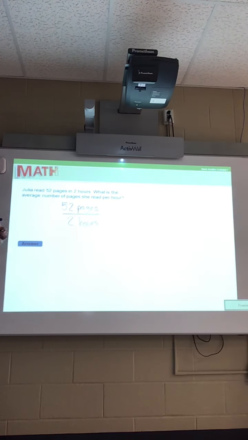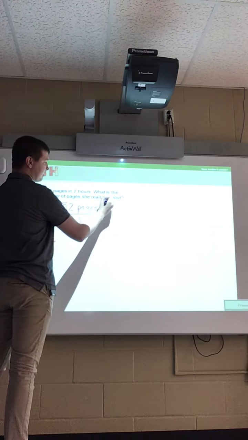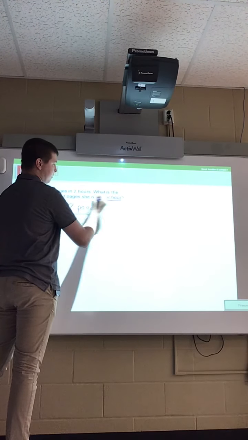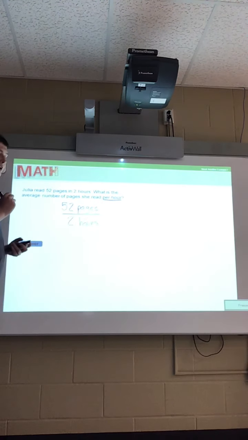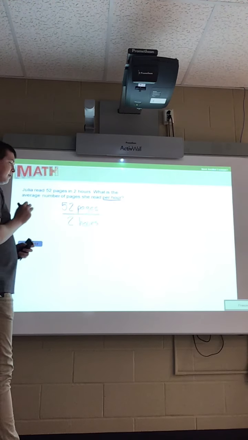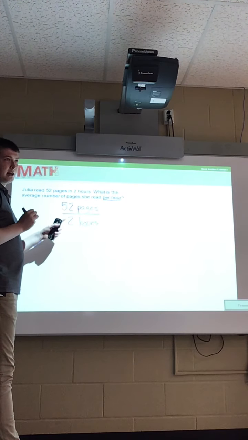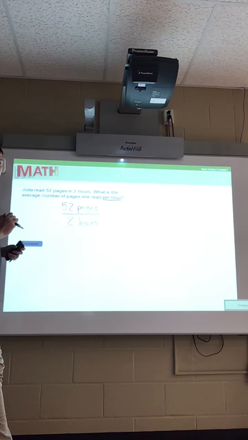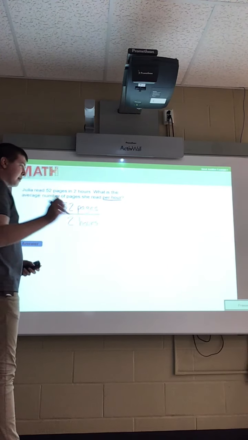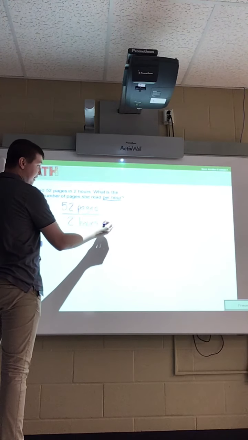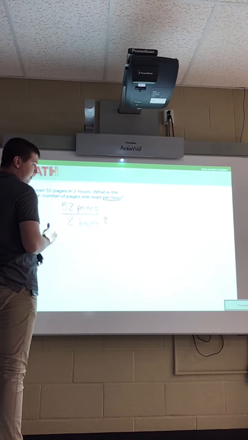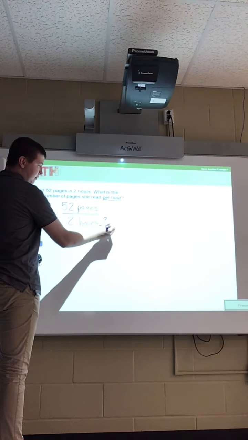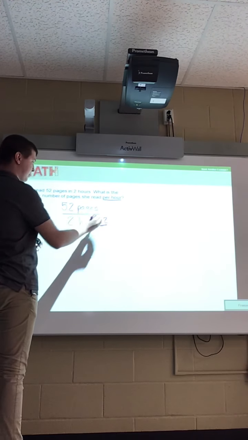Now it wants to know the average number of pages she read. Here's that signal right here: per hour. So it's wanting us to find that unit rate. Our bottom number is 2 hours, so we need to divide it by 2. And what we do on bottom, we've got to do to the top.